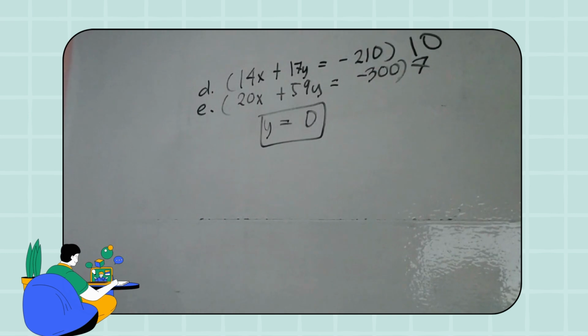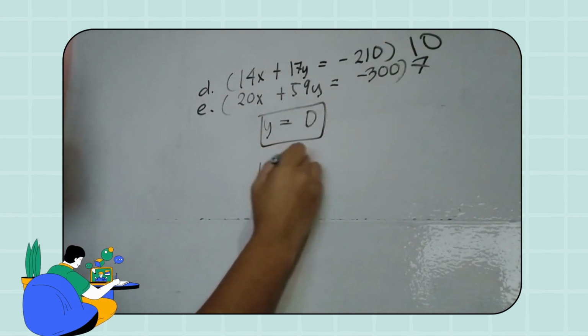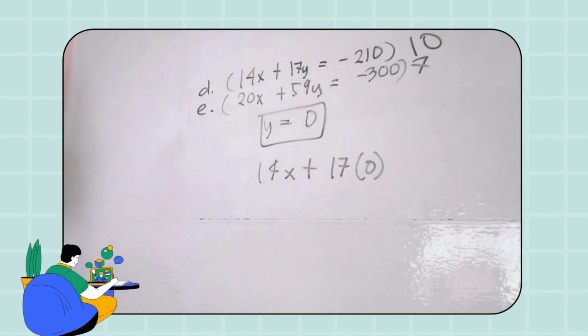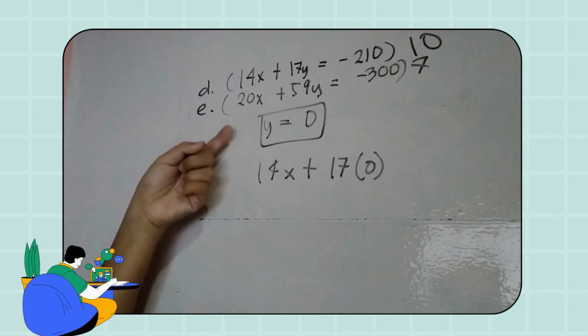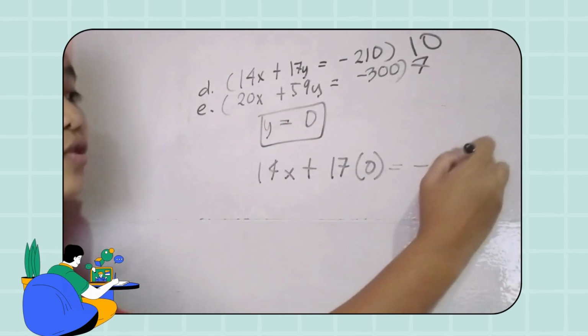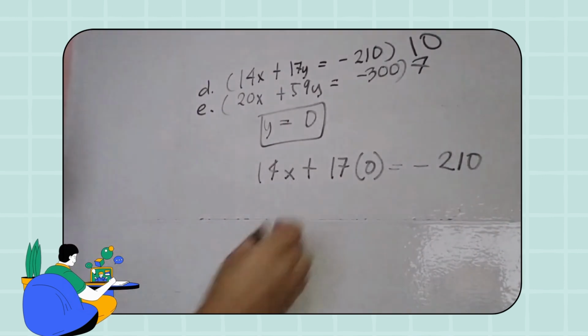Now, let us solve for x and z. Let's substitute y into equation D. So I have here 14x plus 17y, which is substituted by 0, equals negative 210. So we will simplify it.